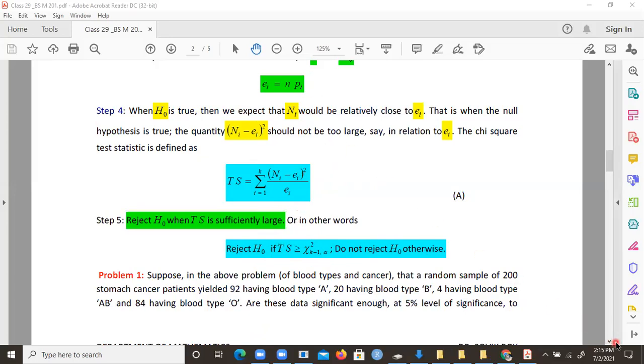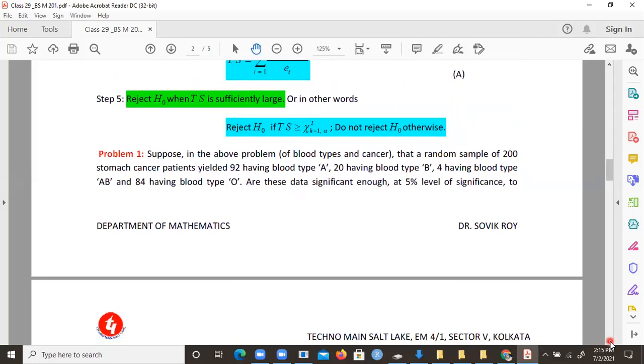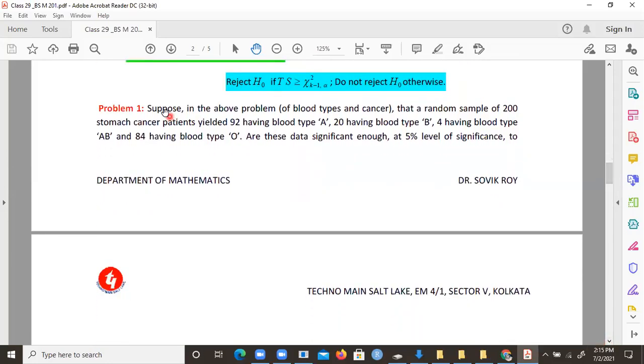Now the situation that has already been discussed with you, we are going to present in terms of a problem. Suppose in the above problem of blood types and cancer, a random sample of 200 stomach cancer patients yielded 92 having blood type A, 20 having blood type B, 4 having blood type AB, and 84 having blood type O. Their sample size is 200; it is a large sample.